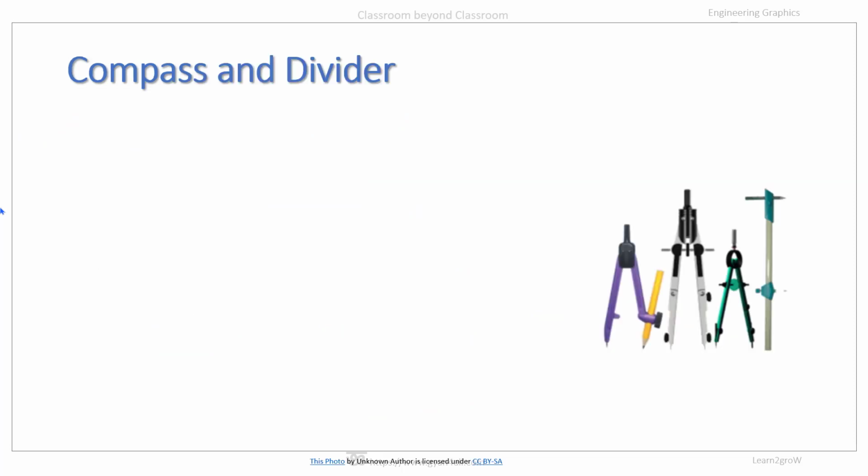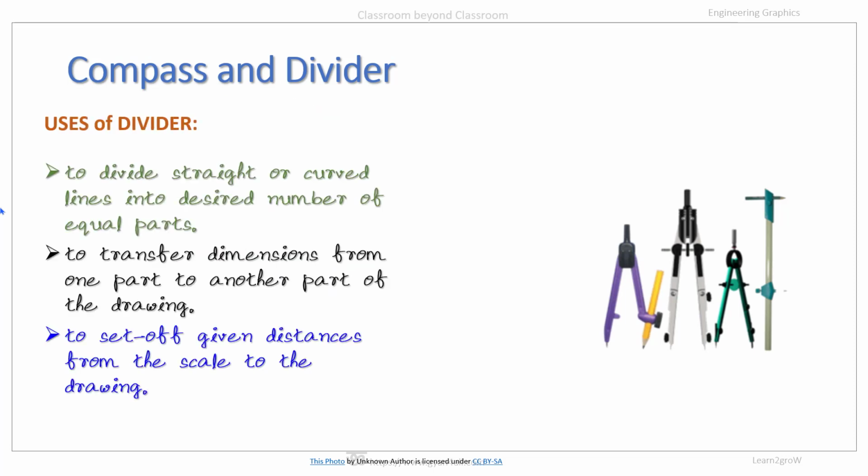Compass and divider. We all know the compass is used for drawing circles and arcs of circles of the required size. And the divider is used for many purposes. First, dividers are used to divide straight or curved lines into the desired number of equal parts.